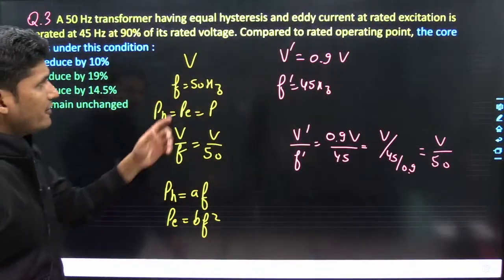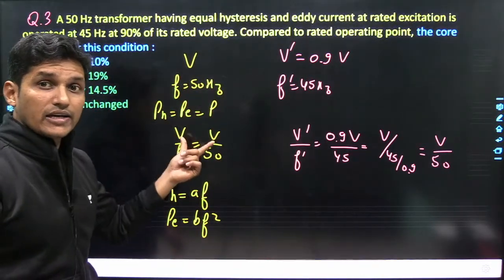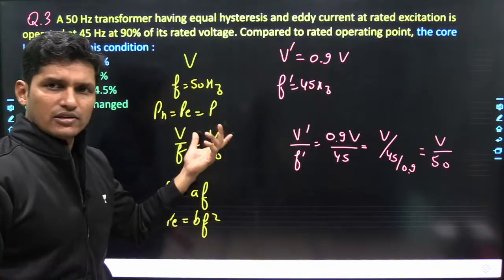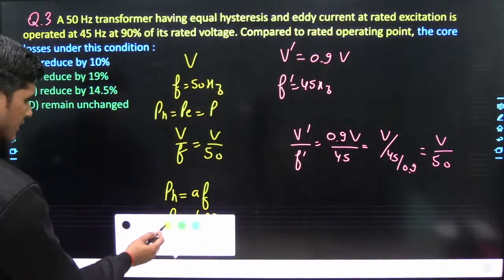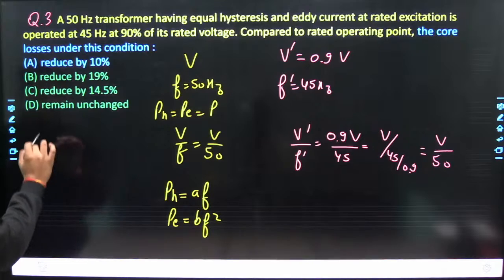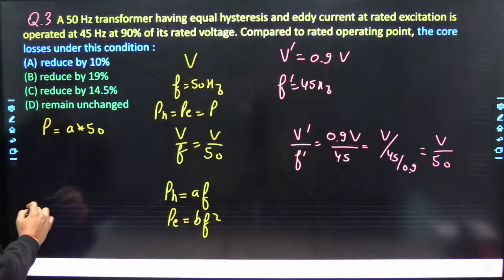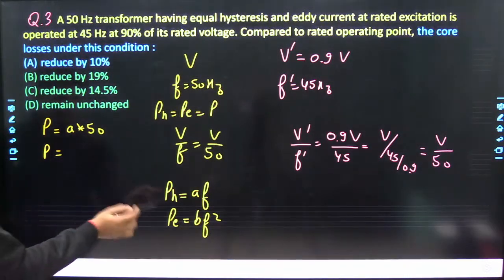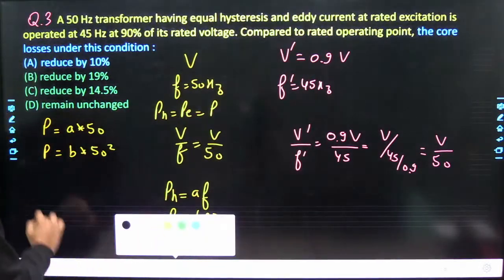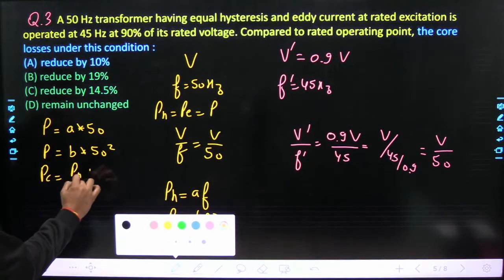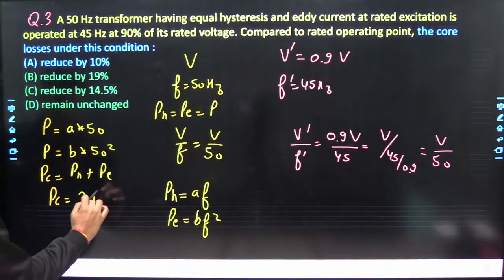Now it is given that when the rated voltage and rated frequency are provided, the hysteresis and eddy current losses are both equal. Let it be P. So initially at this condition, hysteresis loss P equals A into F, and eddy current loss P equals B into 50 square. Total core losses PC equals PH plus PE, that is 2P.